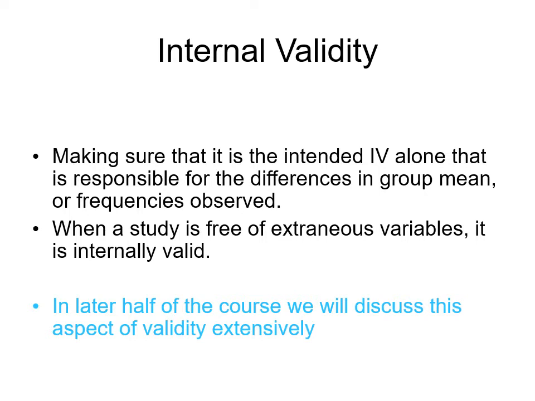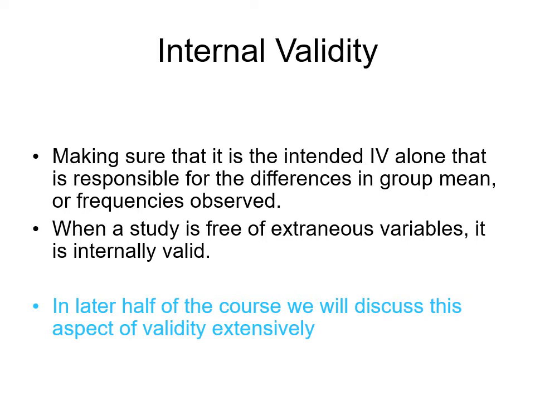Internal validity is making sure that it's only your manipulation of the independent variable, and only that manipulation alone, that is responsible for the differences in the group means or the frequencies observed. When the study is free of confounds or extraneous variables, it is internally valid.